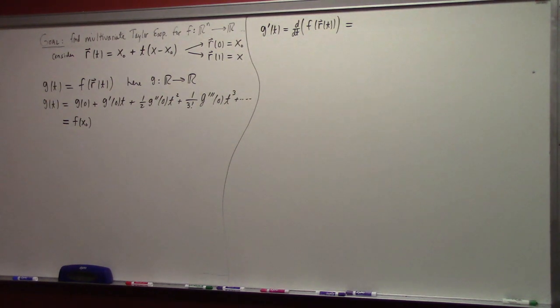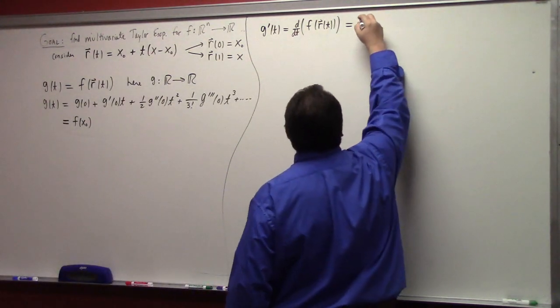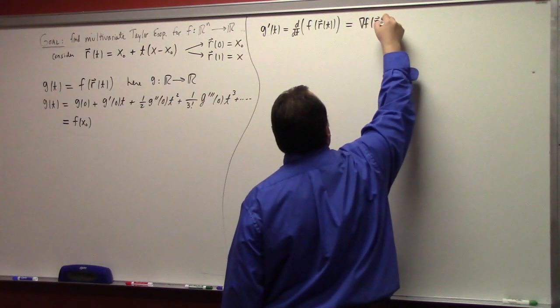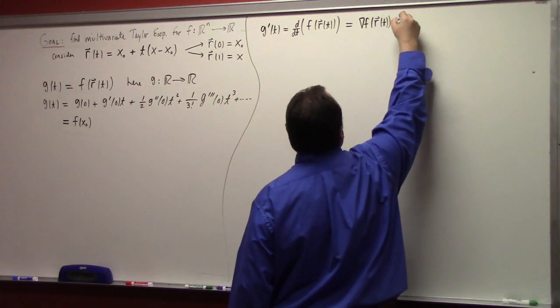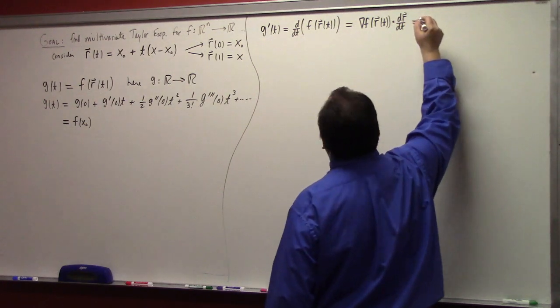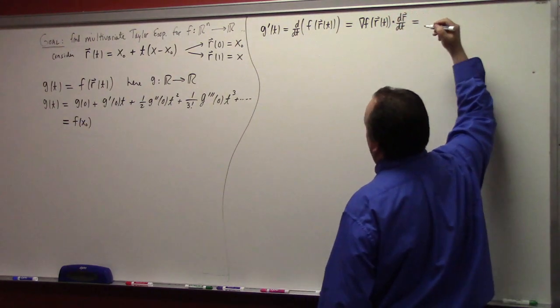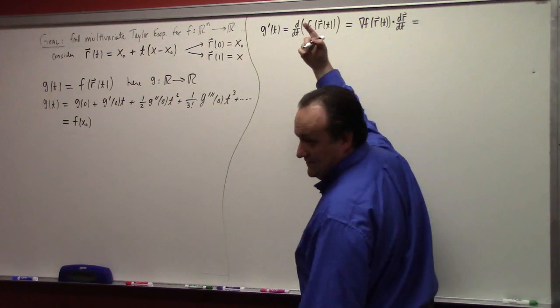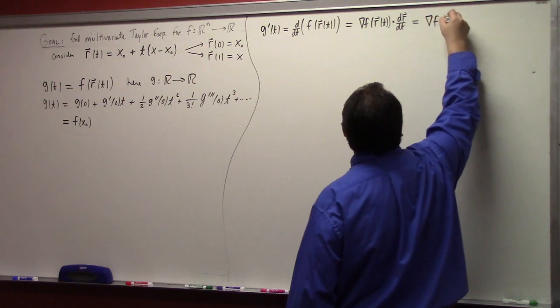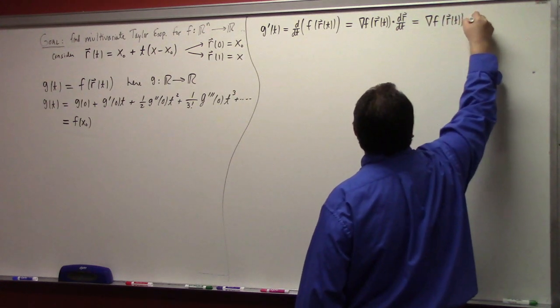Well, yeah. Fair enough. f prime of r of t times r prime of t. But we can be more specific, right? It's the gradient of f, it's nabla f of r of t, dotted with r prime, dr dt, right? Now, what is dr dt? Well, dr dt is exactly x minus x naught, right? So this is really the gradient of f at r of t dotted with x minus x naught.